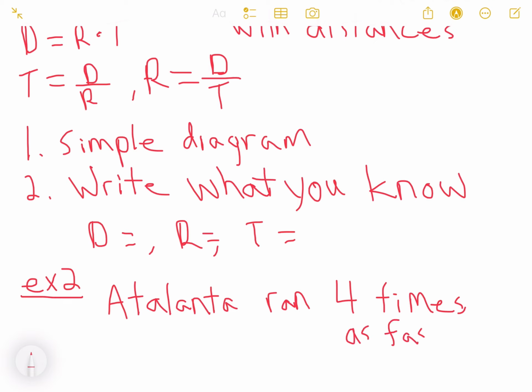So, what can I say about the rate? Well, I can write that before I finish the problem, I guess. She ran 4 times as fast as her challenger, and that's all it said is her challenger. Then I can just say that the rate of Atalanta is 4 times her challenger, like this.